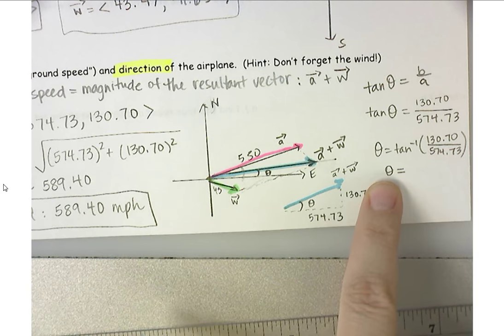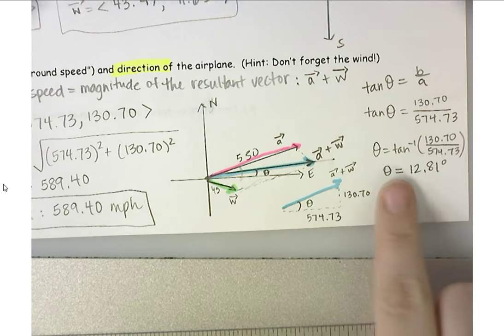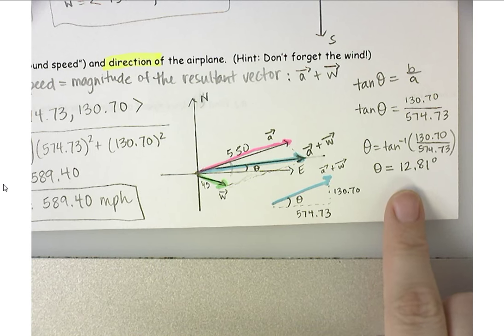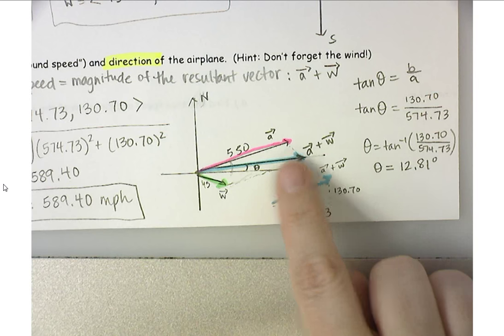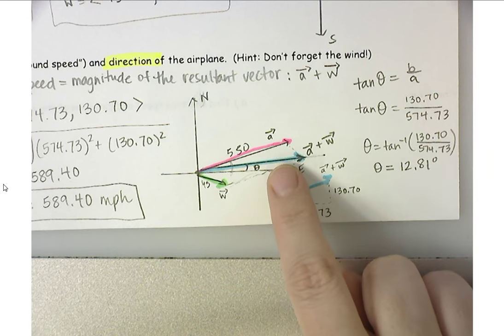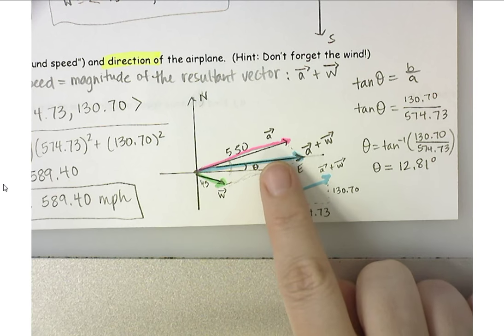But when you find theta, what did you guys get? 12.81. Good. So it's 12.81 degrees. So we have to put bearings with that, so we have to put a direction to that: north, south, east, west. See how in the picture I can see exactly where it's going? I know it's going to be somewhere in the northeast, right? Because look at my vector.